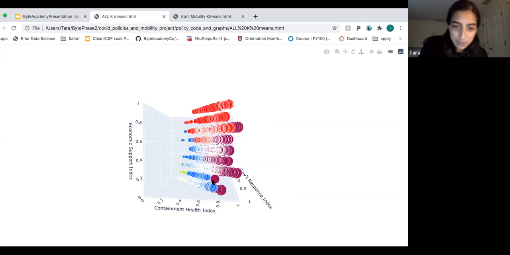Then there's the blue cluster in the middle, which has medium strict policies, and states in there are like Mississippi, Oklahoma, and Washington. And then the cluster on the right has states like Massachusetts, Illinois, and Hawaii. These states have high government response, containment health, and stringency indexes, but some of them don't have as high of economic support.